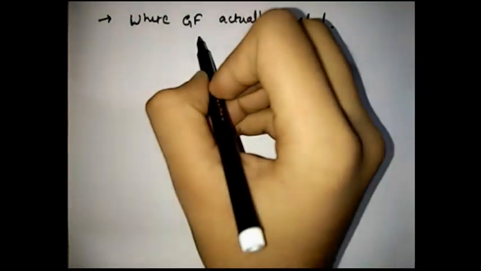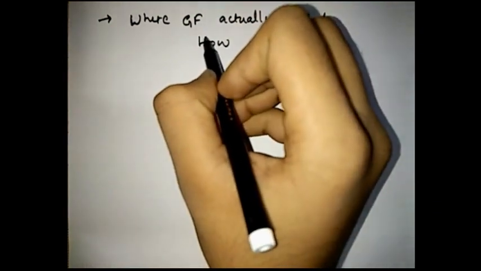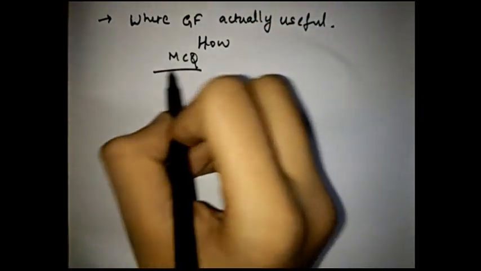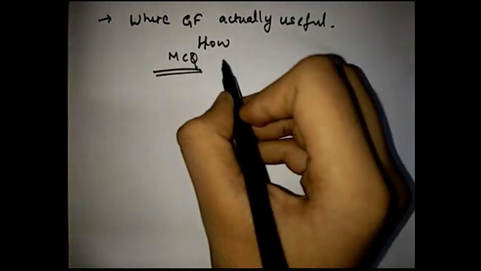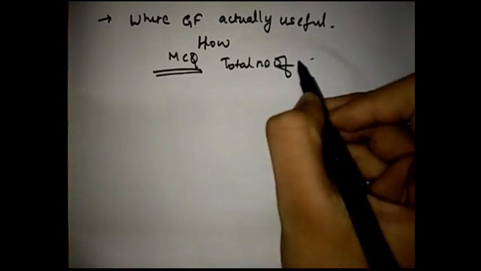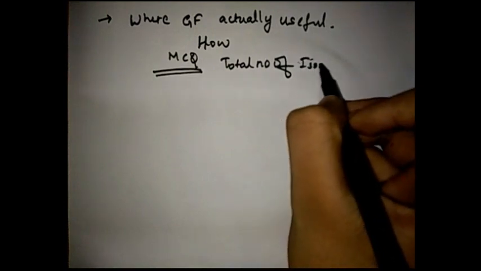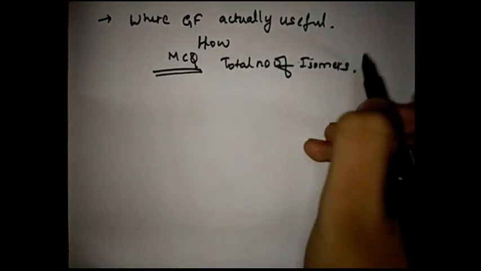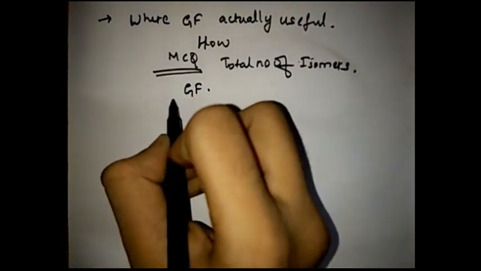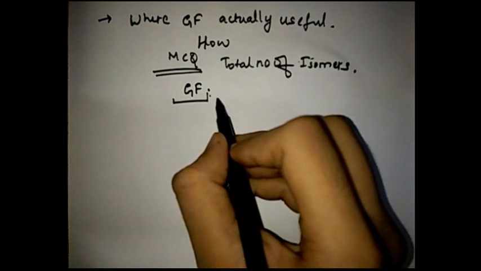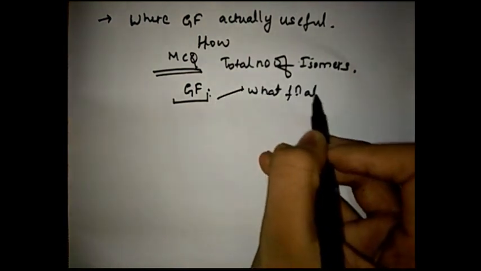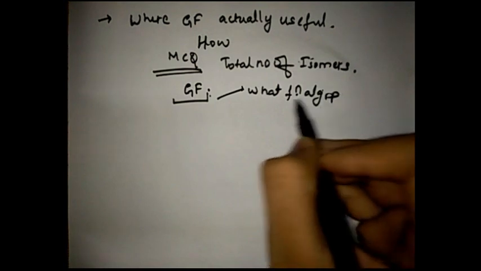If there is an MCQ which is asking you the total number of isomers from the molecular formula, by using the general formula you can get to know what functional group isomer is left out.